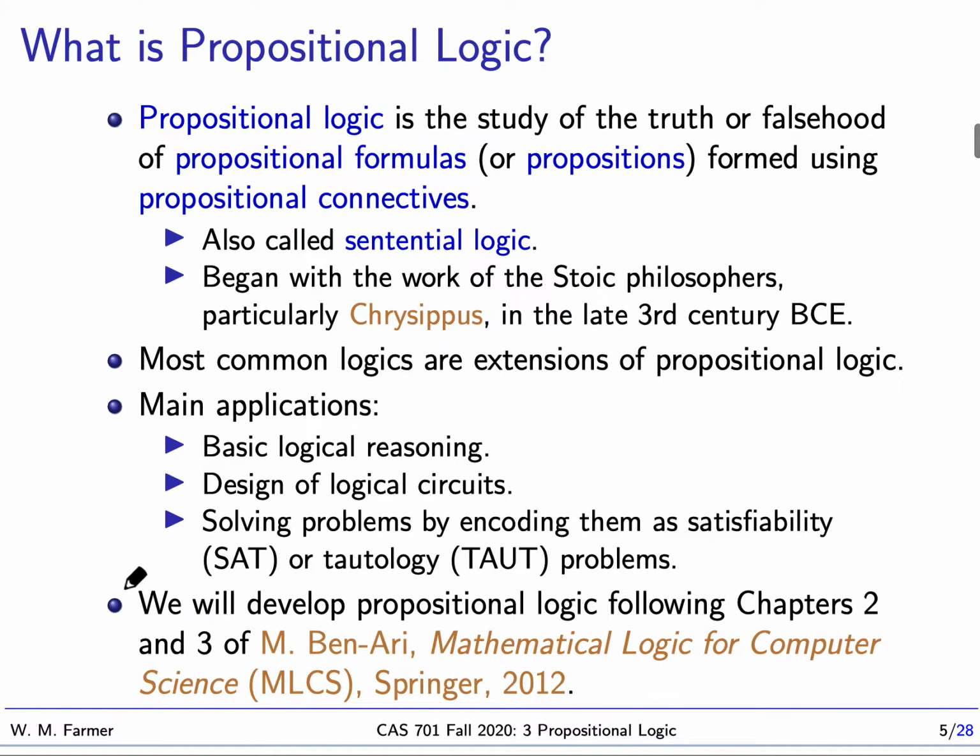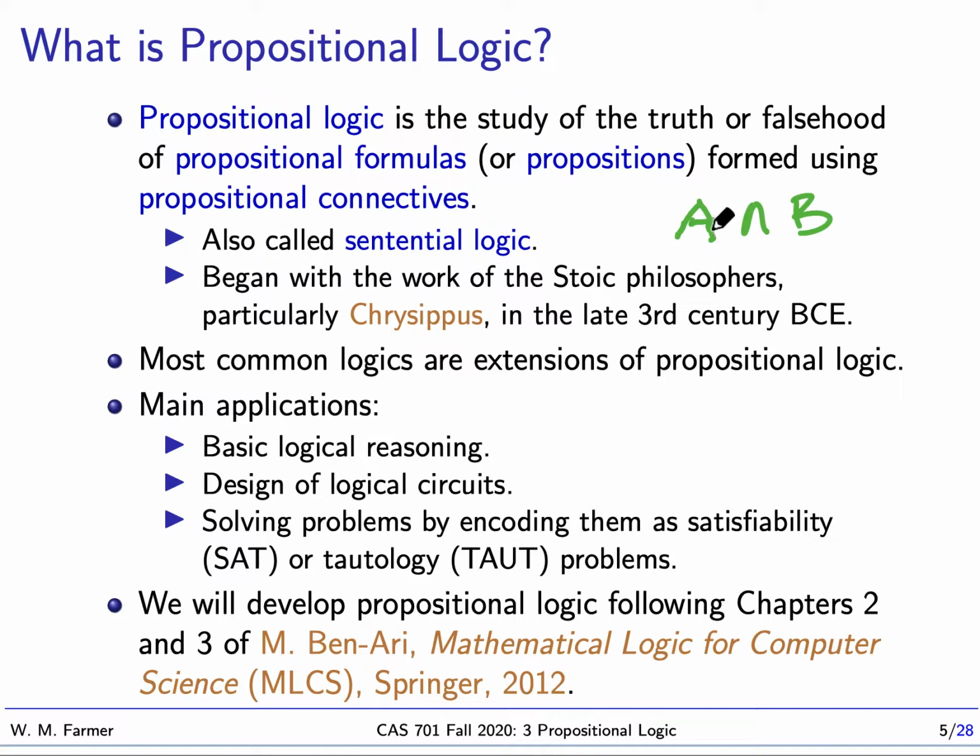So we're going to look at propositional logic. What is propositional logic? It's the study of the truth or falsehood of propositional formulas. These are also called propositions, and these formulas are formed with propositional connectives. So a simple example would be A and B, where we use this symbol to represent and. Now, in propositional logic, A and B are both going to be propositions.